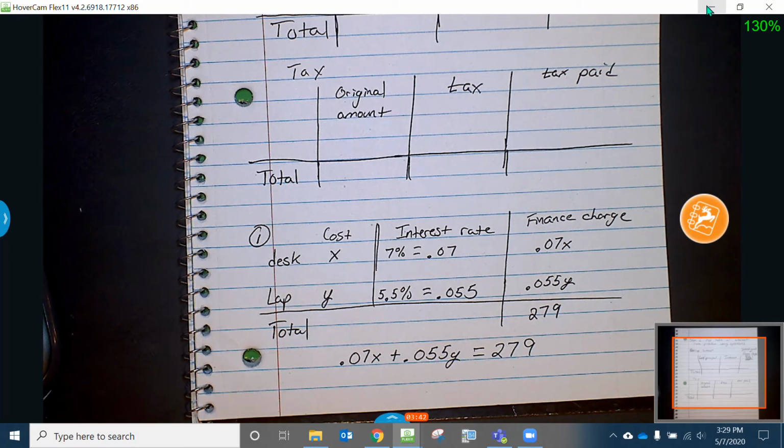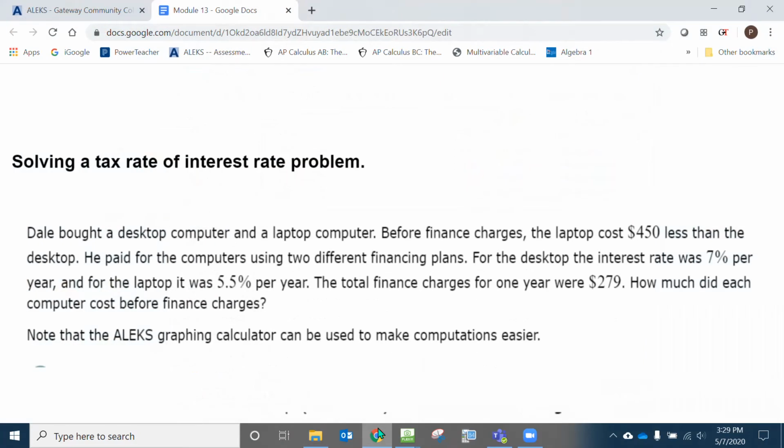And then I think there's a comparison of value. Before the finance charge, the laptop cost $450 less than the desktop. Okay, so the laptop costs $450 less than the desktop. So y equals x minus 450. So the laptop, which is y, costs $450 less than the desktop.